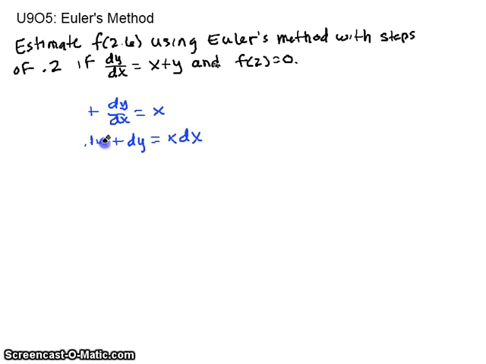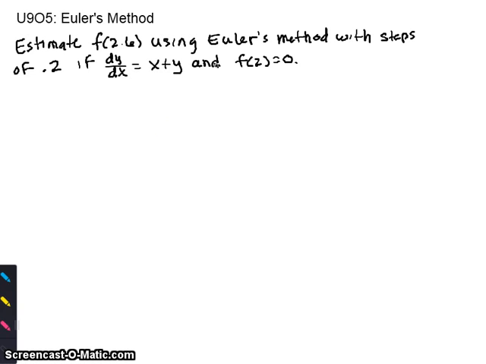So instead of trying to figure out what the function actually is, we're going to go around it, mess around with the slopes, and try to figure out what the y value would be from there. If we're going to use Euler's method, we need to construct a table, and the table is going to start out the same every time. On our table we're going to have 5 columns.